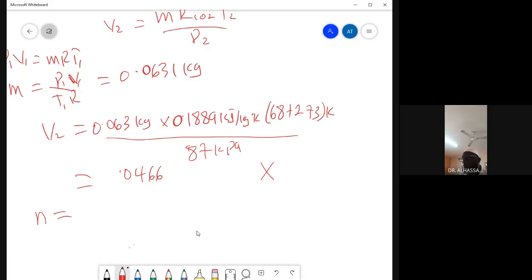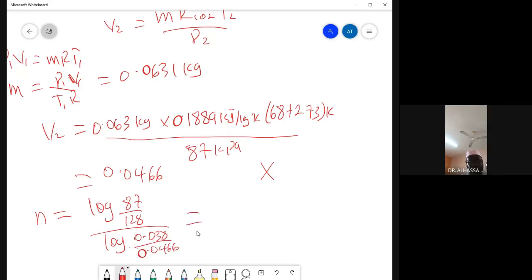So we have log of 87 divided by 128, divided by log of 0.038 divided by 0.0466.